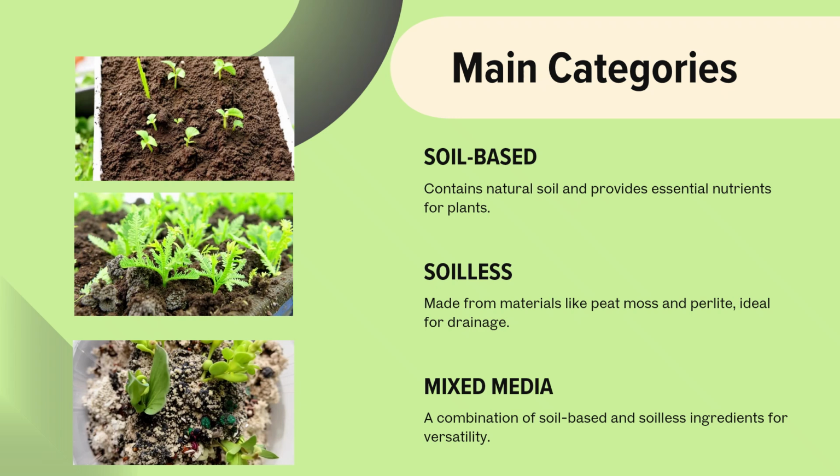Some people may see three major categories, some may see two, but I wanted to include all of them. So we're going to say three major categories of plant growing media. The first one is considered soil based, the second one soilless, and the third is mixed media.